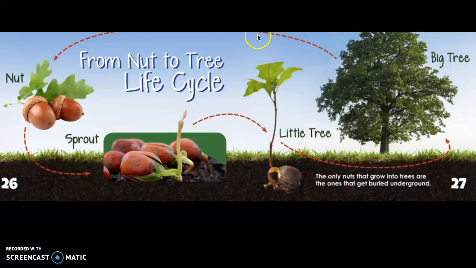And the big tree will drop more nuts that will sprout into more trees. The only nuts that grow into trees are the ones that get buried underground. Oh, look here. The author's telling us that animals, like the squirrel, need to bury those nuts so that they can grow into a tree. Maybe that's the author's purpose.